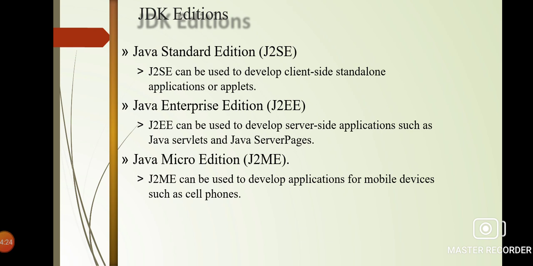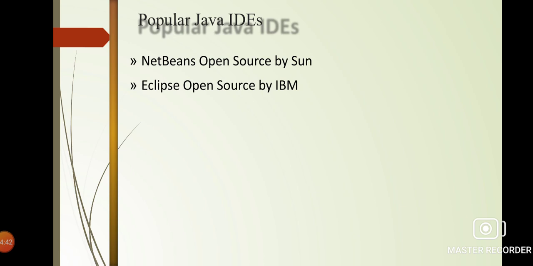Java Enterprise Edition, J2EE, can be used to develop server-side applications such as Java servlets and Java Server Pages. And J2ME is the Java Micro Edition, which can be used to develop applications for mobile devices such as cell phones. Popular Java IDEs are NetBeans, open source by Sun, and Eclipse, open source by IBM.